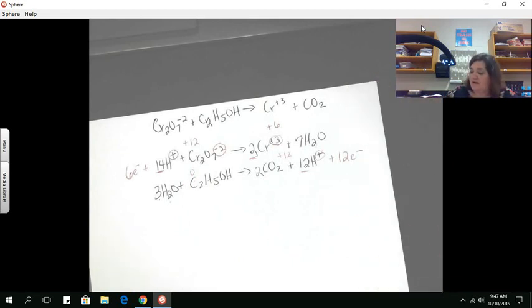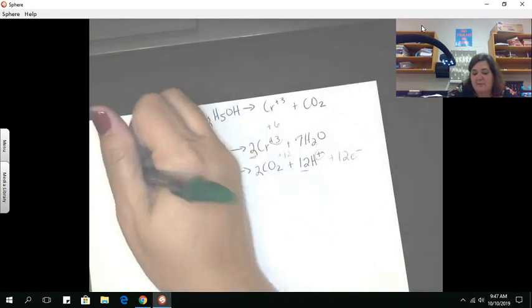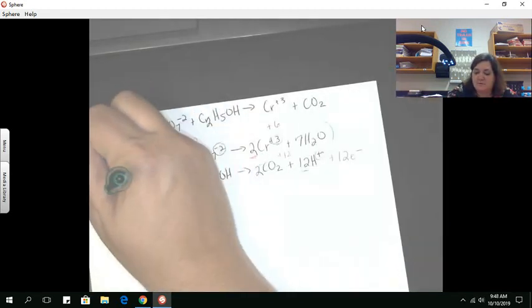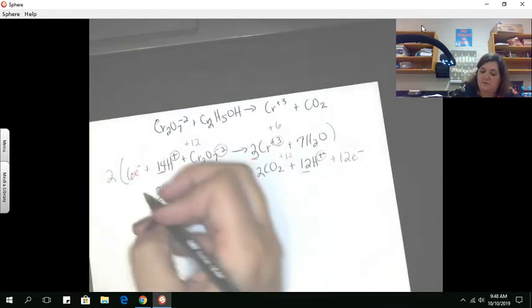So then we have to make our electrons equal to each other, since our electrons are not equal. So we would do that by multiplying the top by 2. Right? And then remember, we have to multiply everything in there by 2. So I'm going to rewrite that here below.